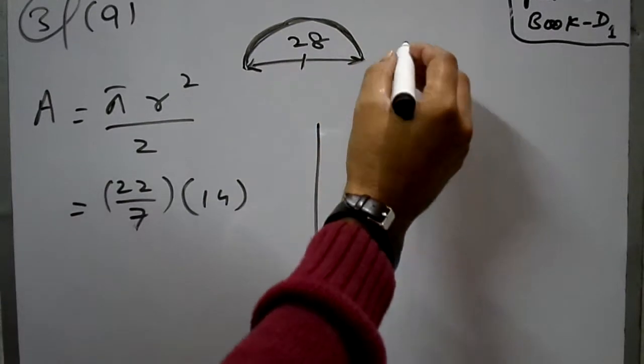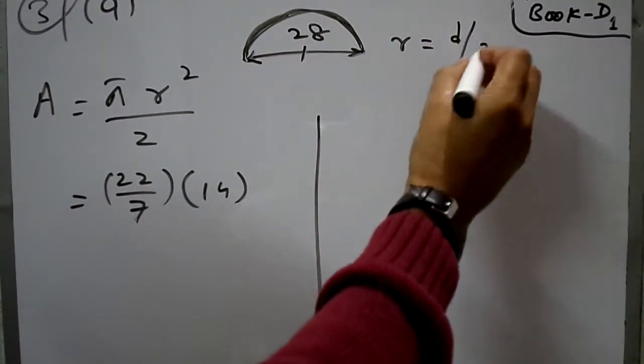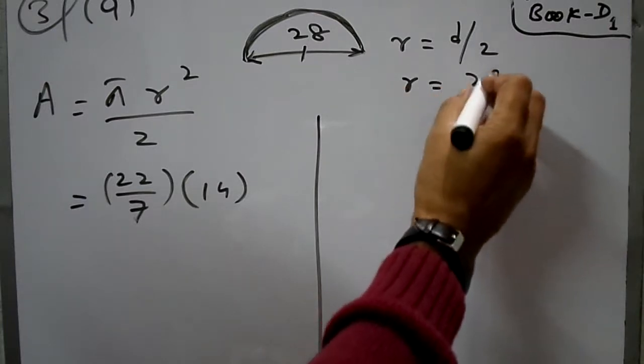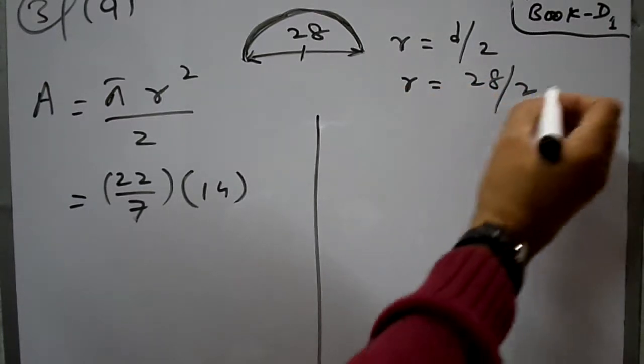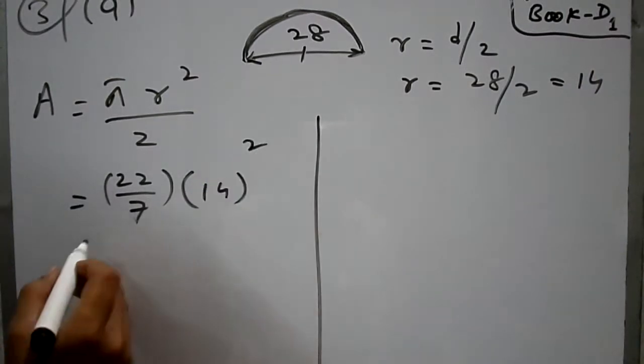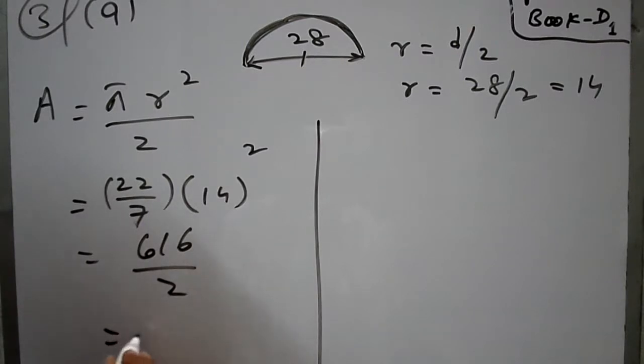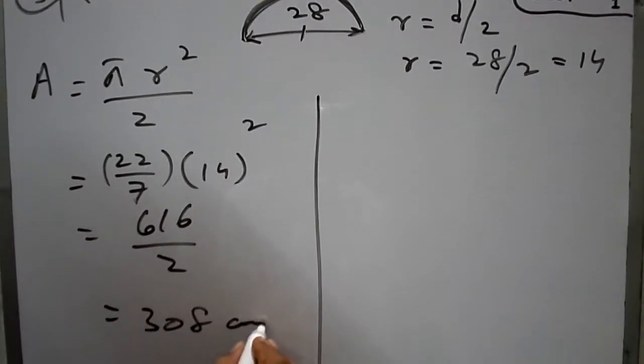So r is equal to d by 2. So r is equal to 28 by 2. So the value of r is 14. That's why we have used 14. So square it, so 616 divided by 2. So you will get 308 centimeters square.